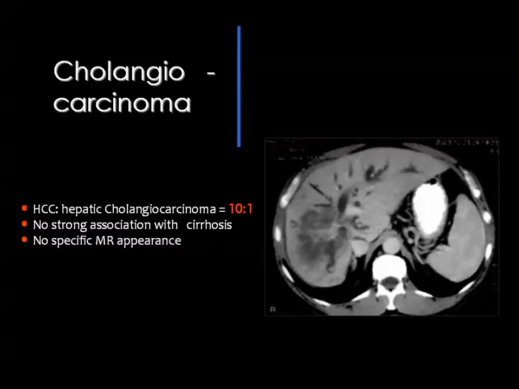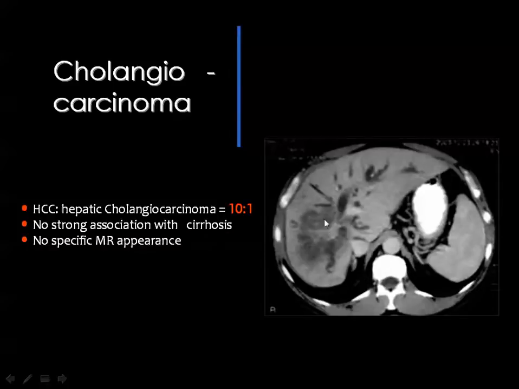But in my opinion, one of the most reliable diagnostic criteria for cholangiocarcinoma is the presence of a solid focal lesion in the liver surrounded by dilated biliary radicals, because this cholangiocarcinoma has arisen from one of the bile ducts, and this duct will be, of course, obstructed.